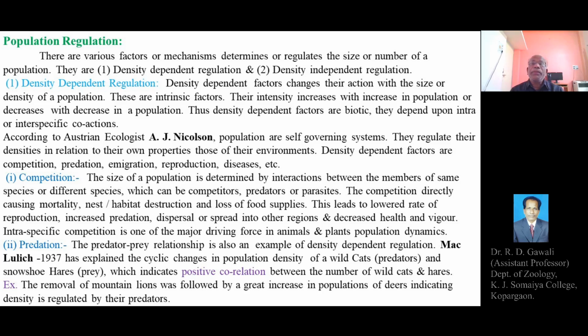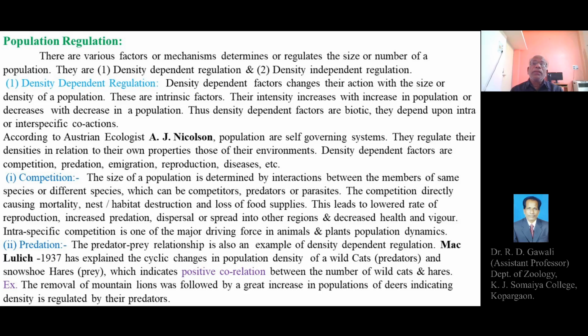Population regulation means how the number of individuals in a population, or how the population size, is controlled or regulated in nature, or how the population size is increasing or decreasing.